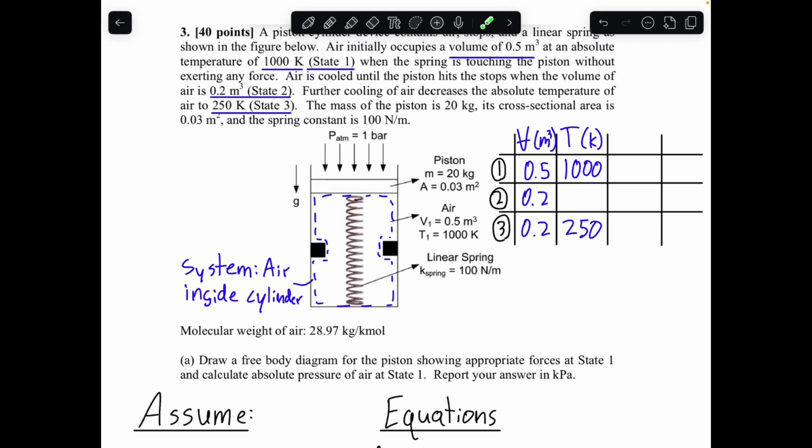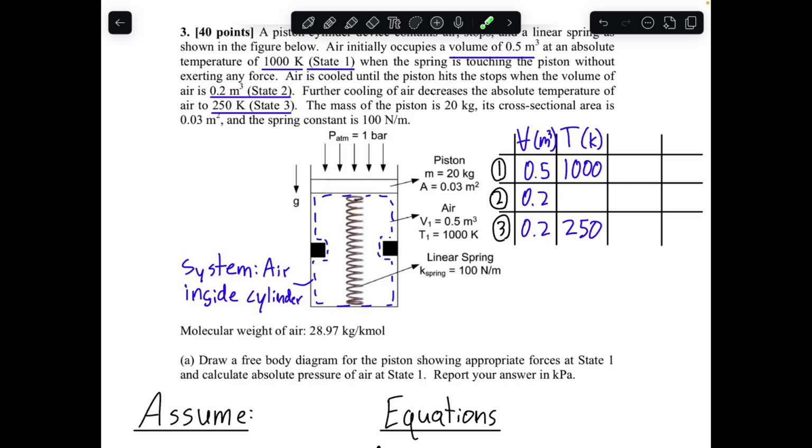Because what that means for us is when we're given a temperature of 1000 Kelvin at state 1, you might say, where are you talking about inside your piston cylinder device? Are you talking about the temperature right here or right here? But quasi-equilibrium means that the temperature right here is the same as it is right here. And the temperature is just uniform throughout. So we're able to just report one value for temperature.